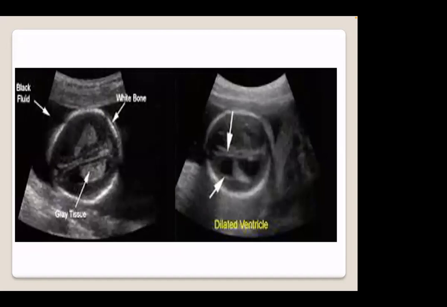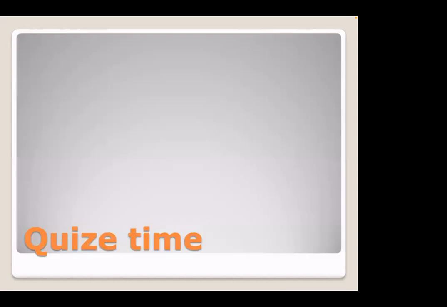And this picture showing the dilated ventricle in the fetus. And this is a white area, gray tissue, and a bone within the amniotic fluid. And it's finished. Thank you so much.